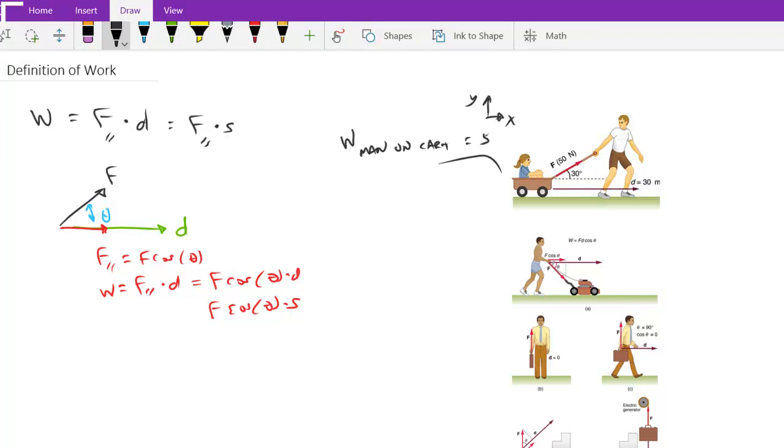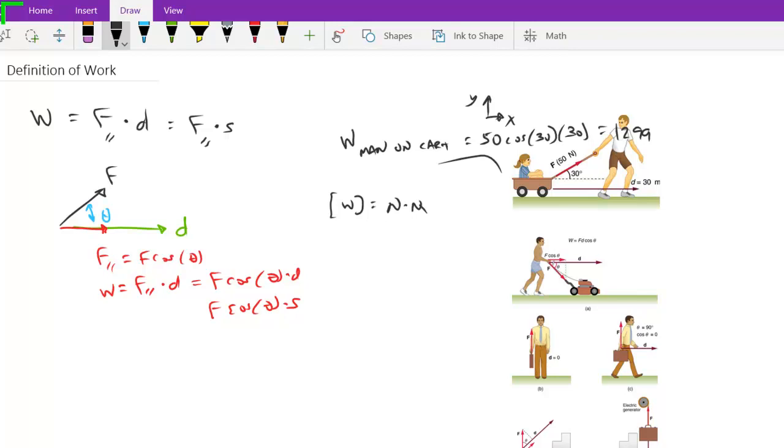So this is 50 cosine of 30 times the displacement, which was 30 meters. And so this is equal to, I believe, 1,299.